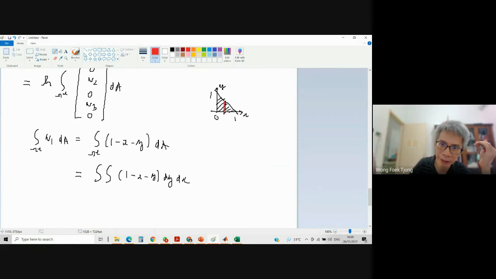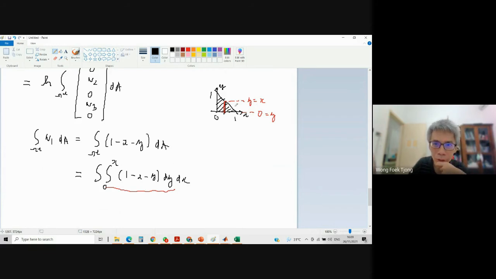So y goes from 0 to the line equation. The limits go from 0 to x. Correct?